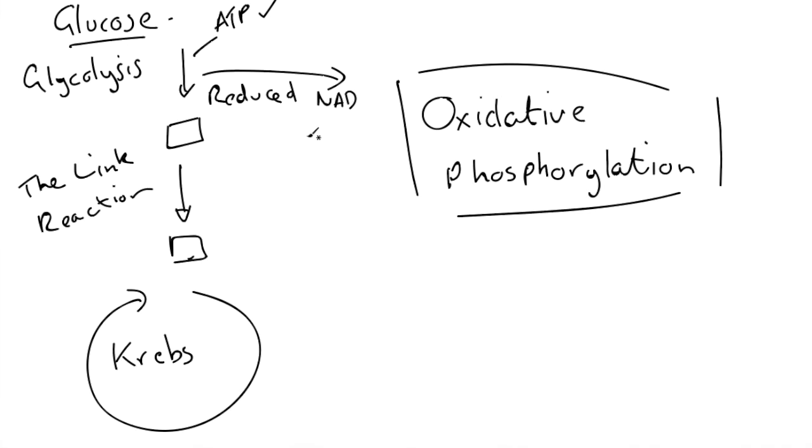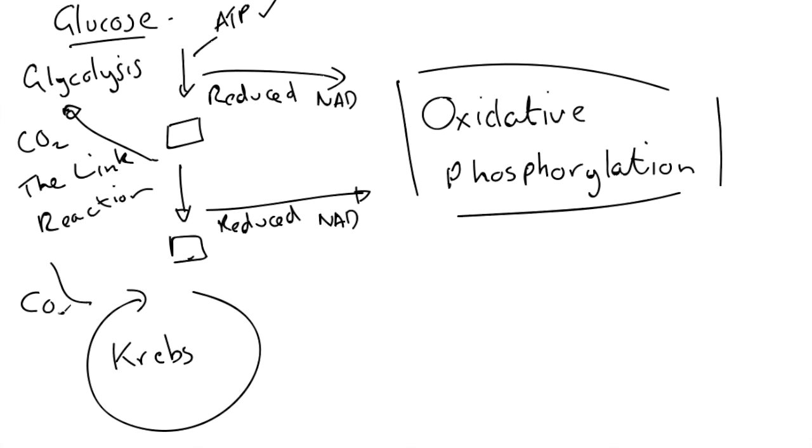The link reaction also sends some reduced NAD over to the oxidative phosphorylation, but it also lets out a bit of CO2. So some CO2 is given off and reduced NAD is sent over to there. The Krebs cycle, lots of stuff goes on here.